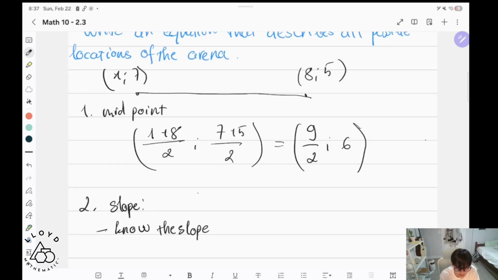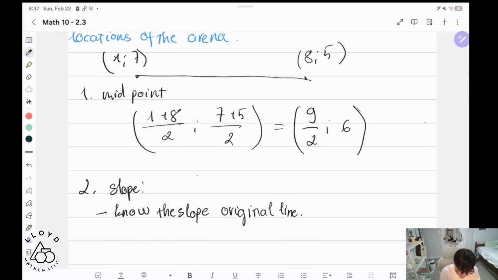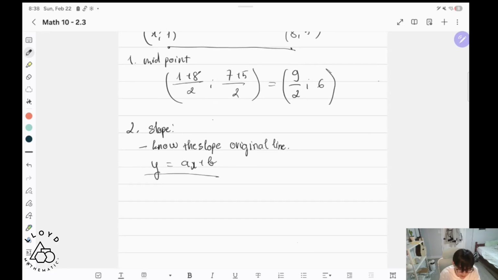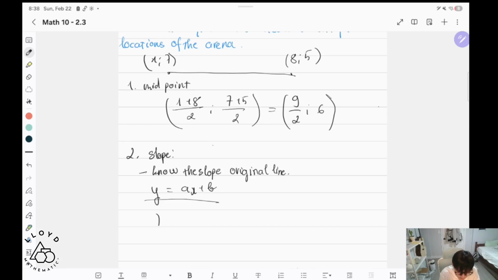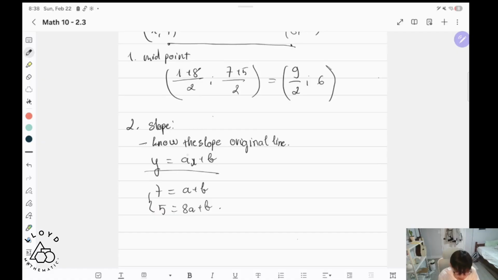In here I have 2 points, so I just put them in the equation y equals ax plus b. Because the line goes through this point, I get 7 equal to a plus b, and 5 equal to 8a plus b. I just need the slope, which is a, not b, so I don't need to find b here.